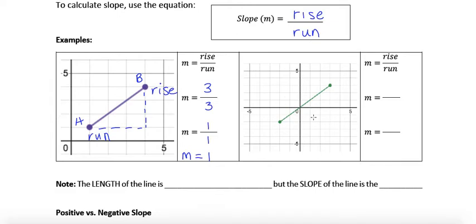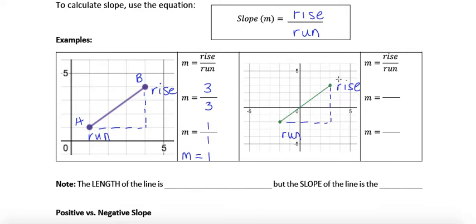Now we're going to take a look at the line in the right example. Same thing: I want to sketch what this would look like if I turned this straight line into a triangle, because then I can easily determine my rise and my run.